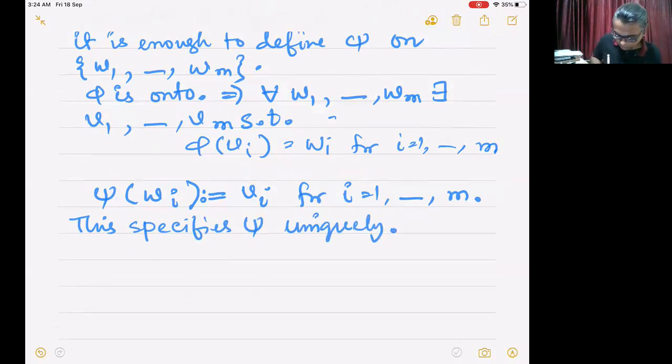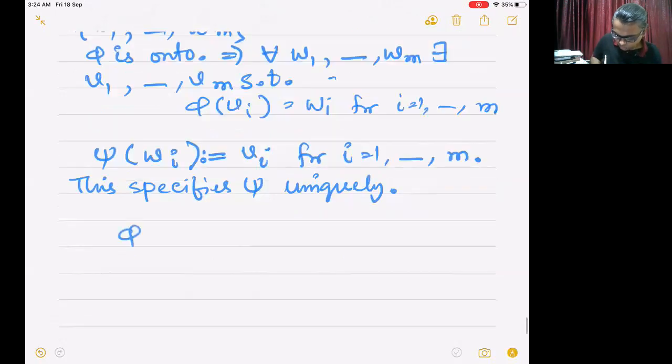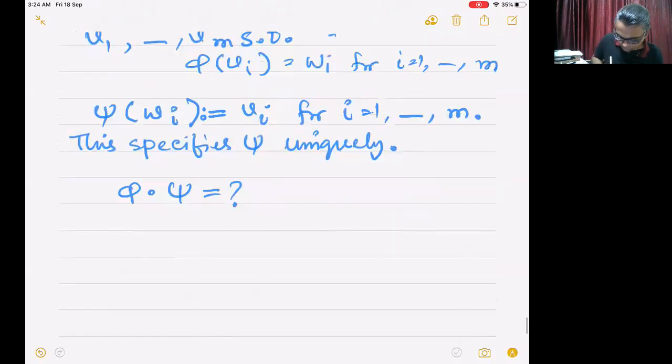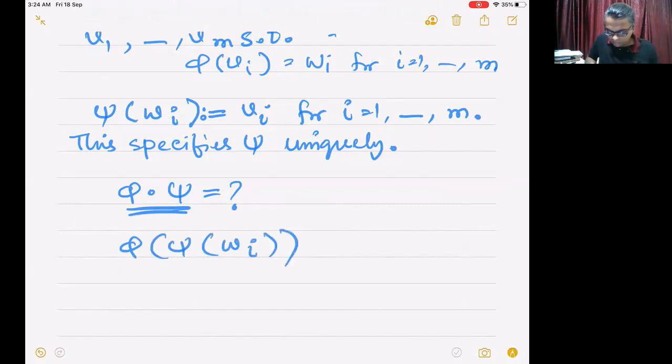Now see what happens to phi composed with psi. Once again, in order for us to show that this is identity on W, it's enough to show that it's identity on the basis vectors. Let's check phi psi Wi. What happens to this? psi Wi is defined to be Vi, so it's phi Vi.